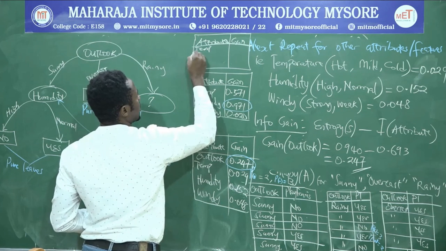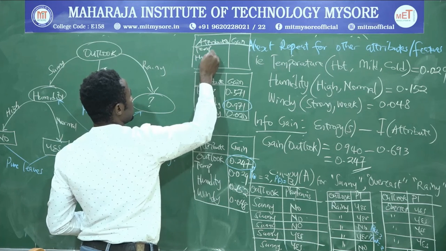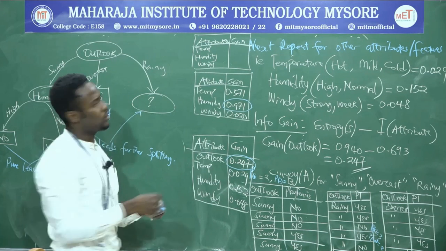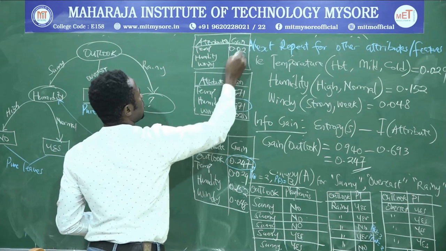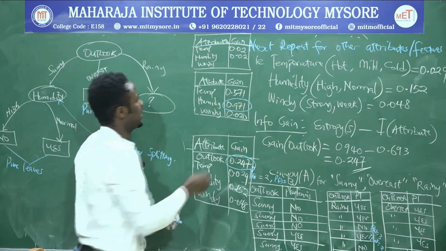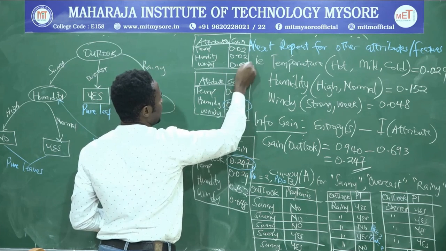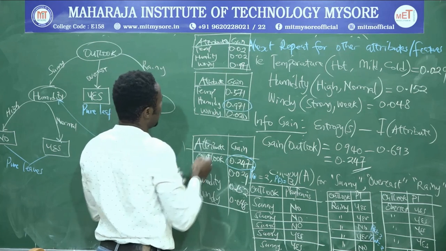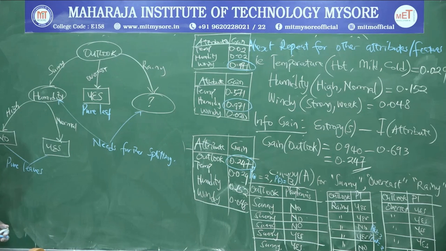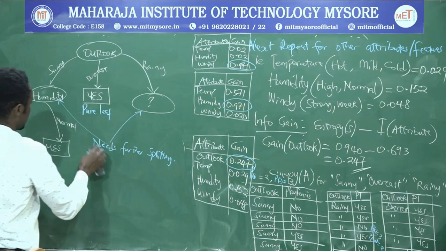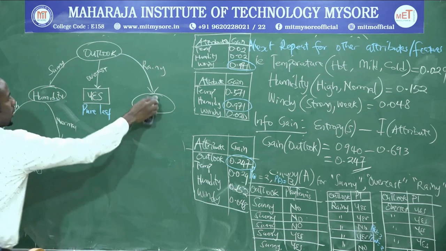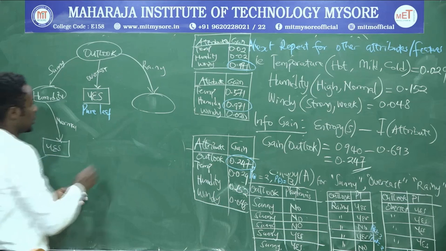Temp was 0.02, humidity 0.02, and windy 0.971. So you see again, windy is the next node. So what I will do, I will update this now. So this split is done. What comes in there is windy.